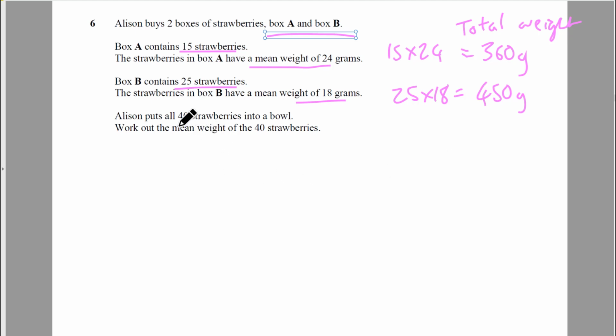Now I know to do this because it does say here, she puts all 40 strawberries in the bowl, work out the mean weight of the 40 strawberries. So we add these two weights together. Good to have some lines of working out. That's 810. 810 divided by 40.